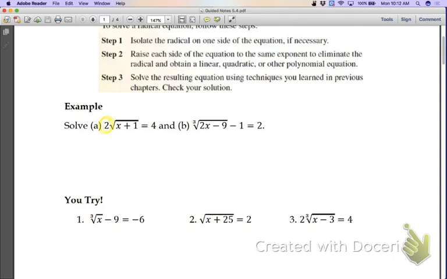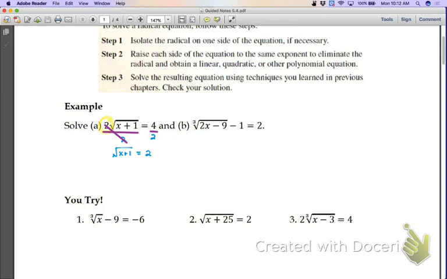What is the 2 doing to everything inside the square root of x plus 1? It's multiplying. So I need to divide both sides by 2. So the 2's go away, and I have the square root of x plus 1 equal to 2.